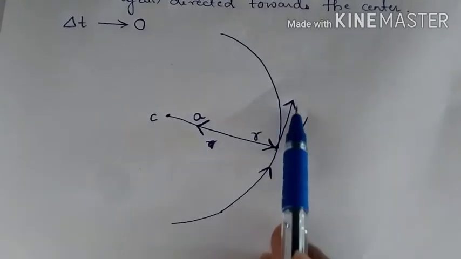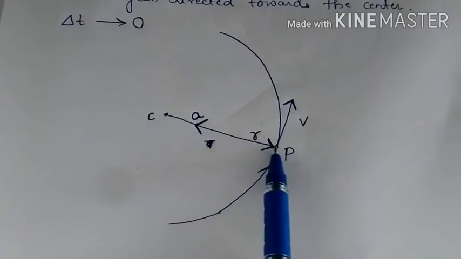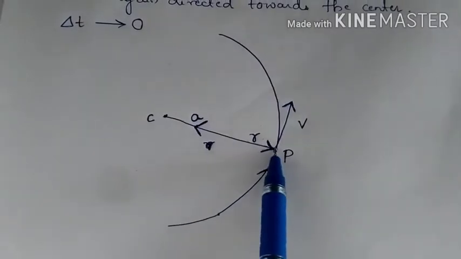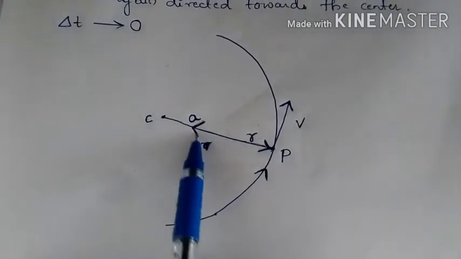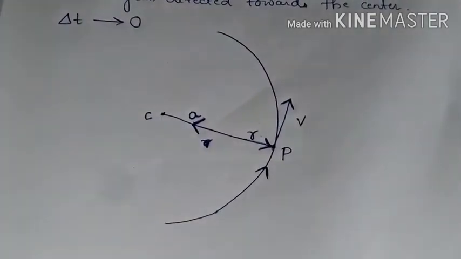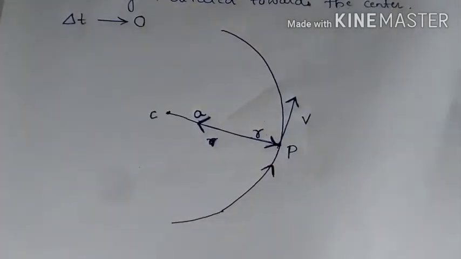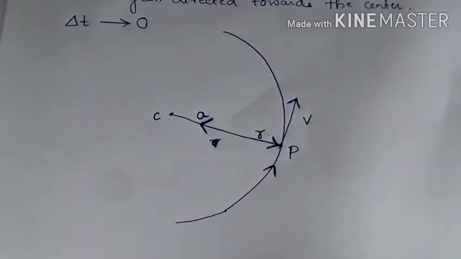So at this point the velocity of the particle will be in this direction, and the position vector will be in this direction, and acceleration will be directed towards the center of the circle. So acceleration will be in opposite direction to the position vector. So that gives the instantaneous acceleration.